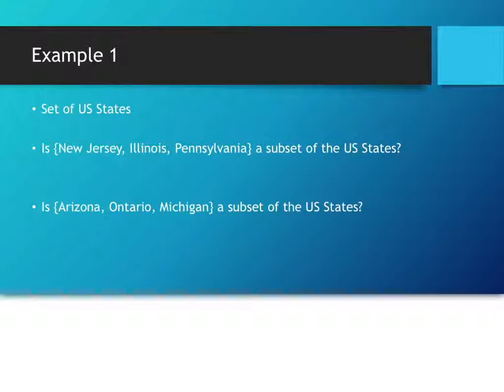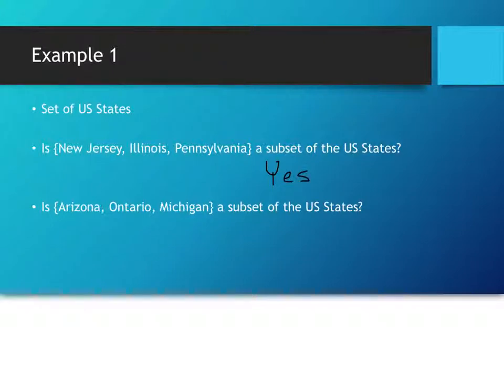Now, just so you understand that we're not always talking about numbers, I wanted to reinforce the idea. Let's assume that our set of the U.S. states is our universe. New Jersey, Illinois, and Pennsylvania, is that a subset of the United States? And the answer is clearly yes.